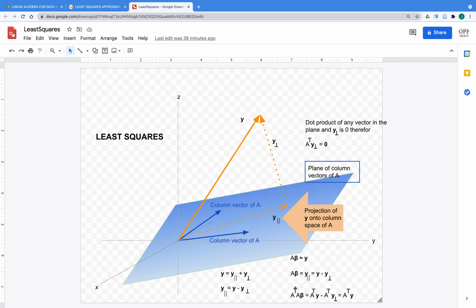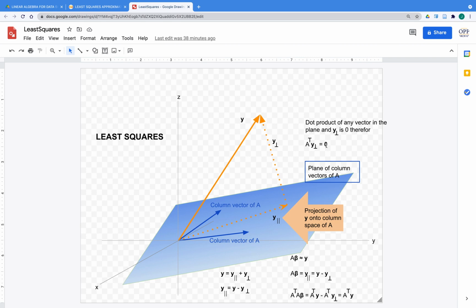That's going to be very important as well. But let's look at what happens if I left multiply by A transpose on both sides. On the right-hand side I have A transpose y minus A transpose y perpendicular. But we said up here that any column vector in a dot product with y perpendicular should give me a 0. Now, if I take A transpose, all the column vectors are now row vectors.